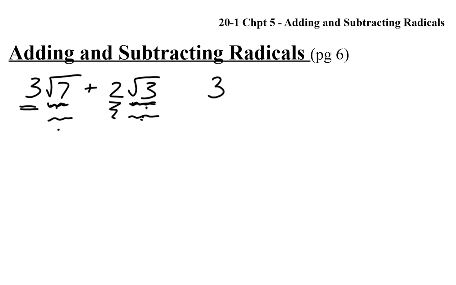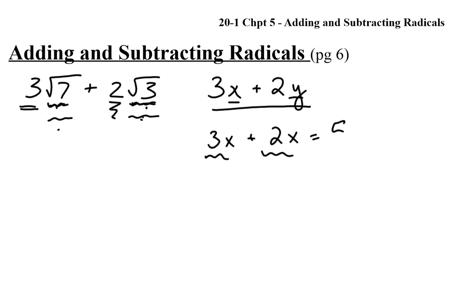It's kind of like saying if I had 3 x's and I want to add 2 y's to it. Well, with polynomials, we can't combine x's and y's because they're not the same. What will go together here? Well, a 3x will go together with a 2x. 3x's and 2x's is 5x's. So what would go together with a 3 root 7?